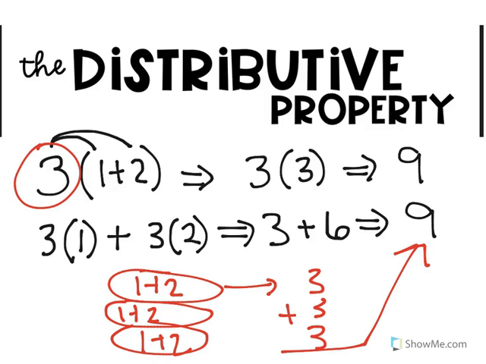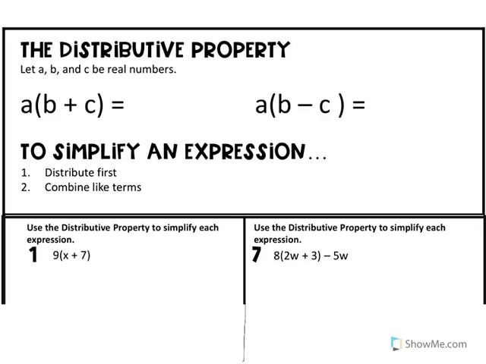Well, this is with numerical expressions. The big key is algebraic expressions. That's where the property comes in to help us. So when we have algebraic expressions, we take that same concept. A times B, AB, and then A times C, AC, and they're adding together, and that is the exact same.